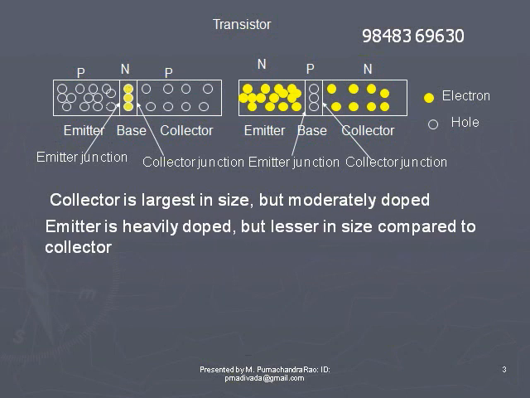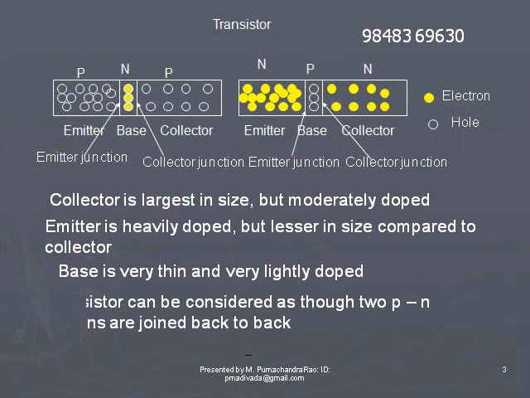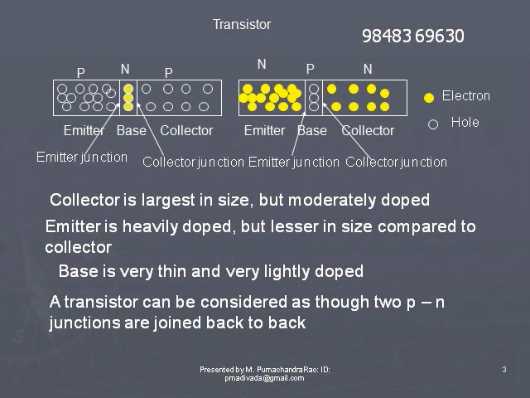A transistor can be considered as though two PN junctions are joined back to back.